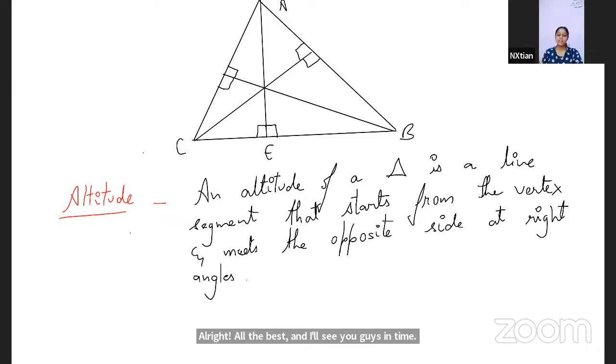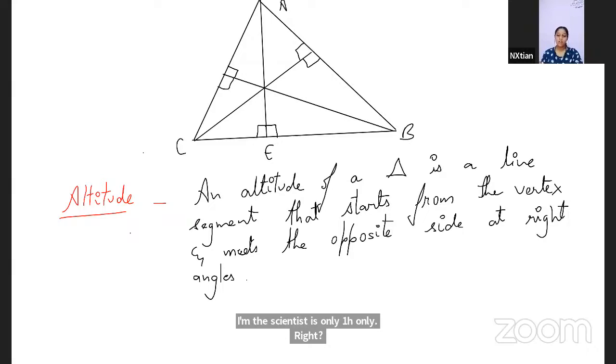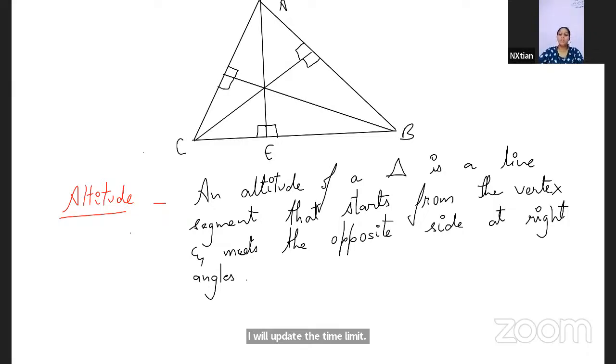Isn't there science class tomorrow? Ma'am, I have a question. Yes, Abraham. Ma'am, the science test is only 1 hour, right? I will update the time limit in the group. It will be 1 hour, or 1 hour 15 minutes, or 1 hour 30 minutes.